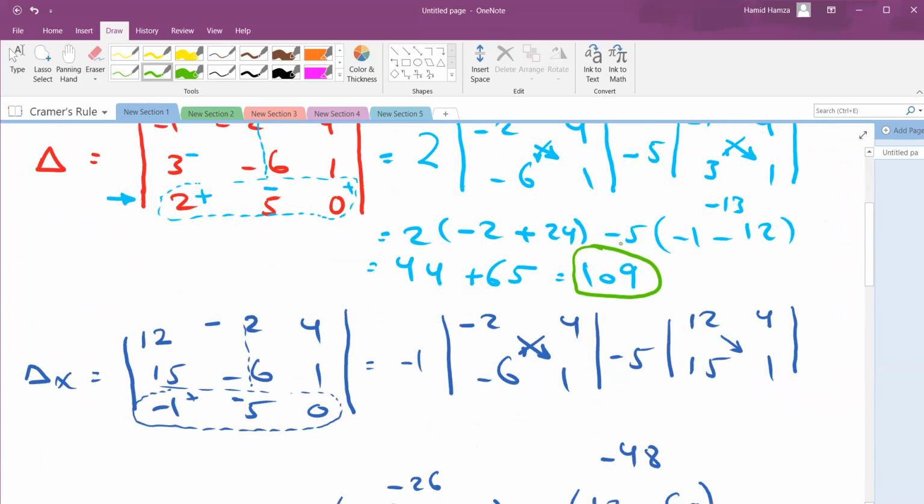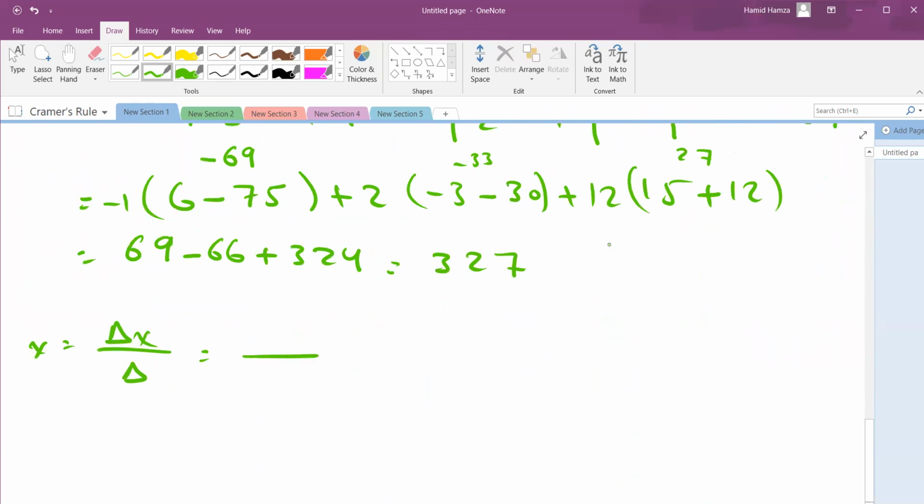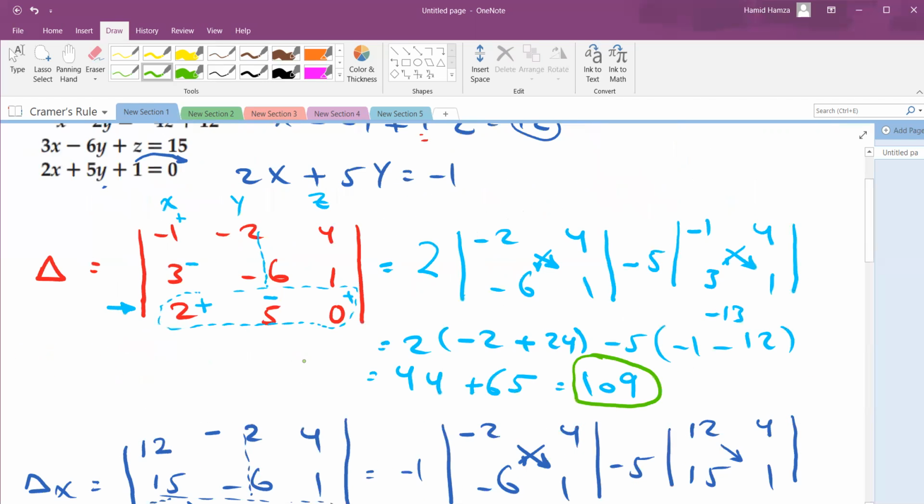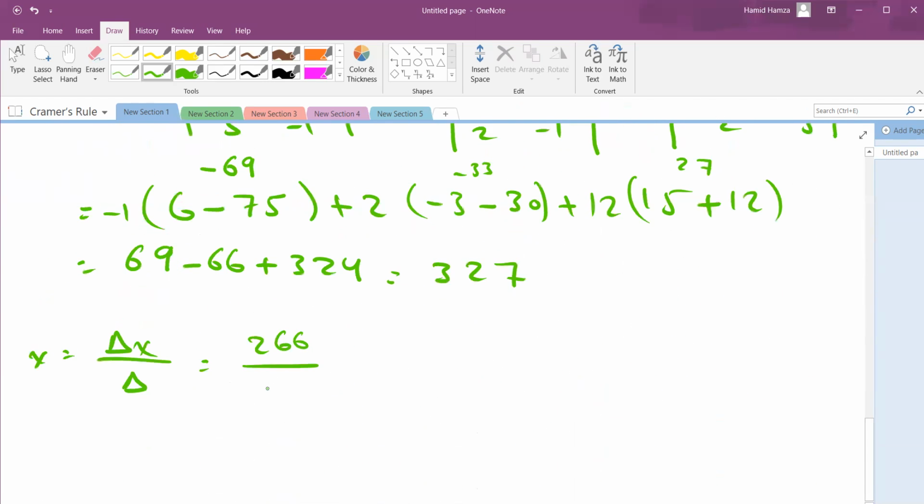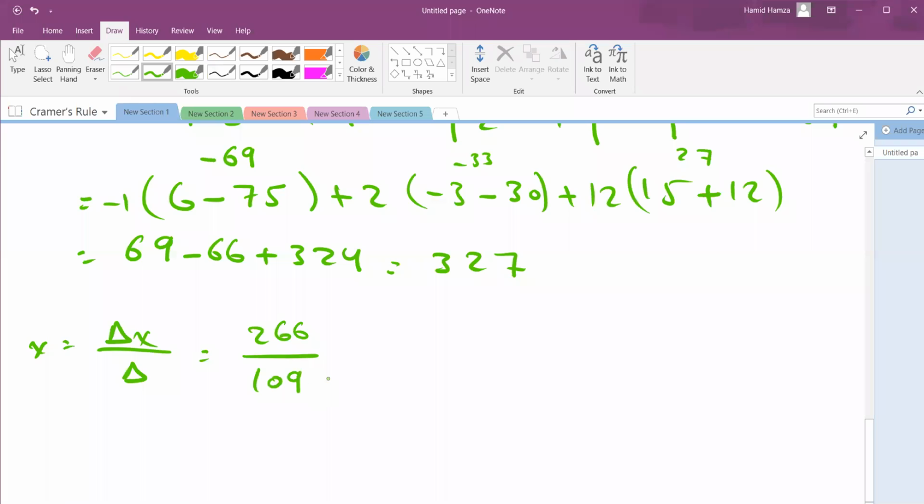So 266 over 109, which is approximately 2.44.